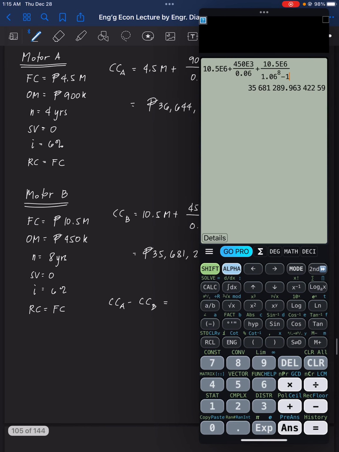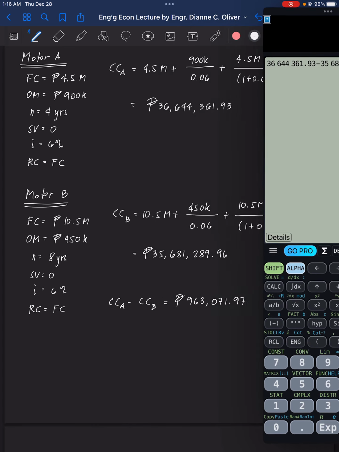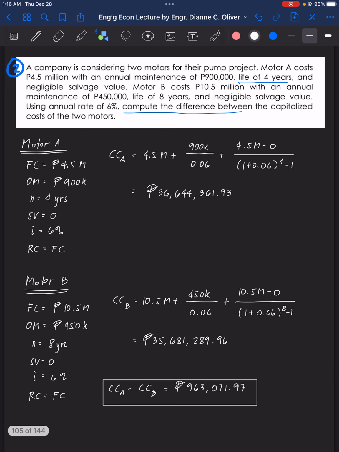CCA minus CCB is now equal to 36,644,361.93 minus 35,681,289.96. So the answer here is 963,071.97 pesos. Okay. So that's for problem number 2.